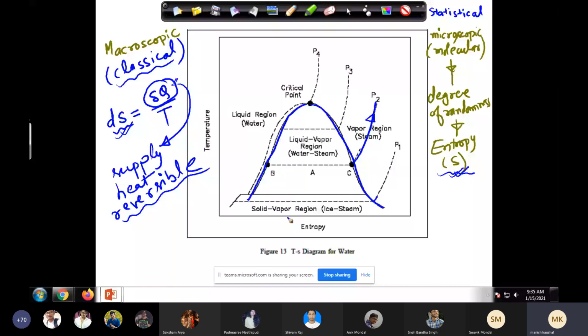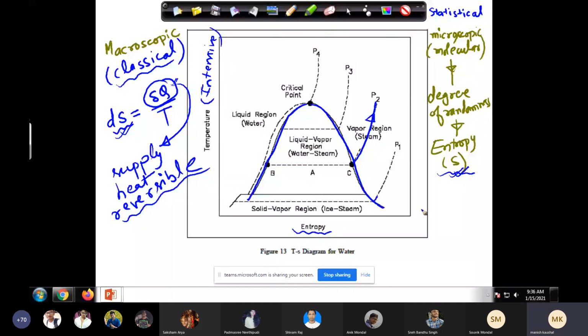On the y axis we always keep an intensive variable like pressure or temperature, and on the x axis an extensive variable like volume. Here we have entropy. That is the general convention followed in these phase diagrams.